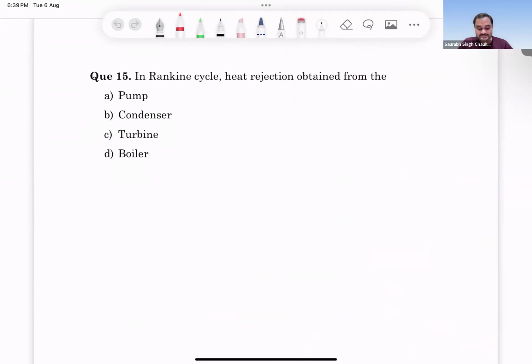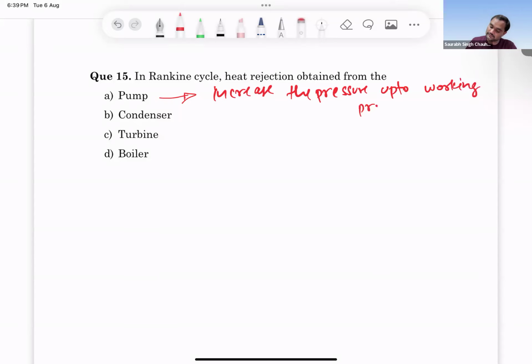Question number 15 says, in a Rankine cycle, heat rejection is obtained from, again, pump, what does pump do? Pump increases the pressure. How much it increases? At least up to the working pressure of the boiler.